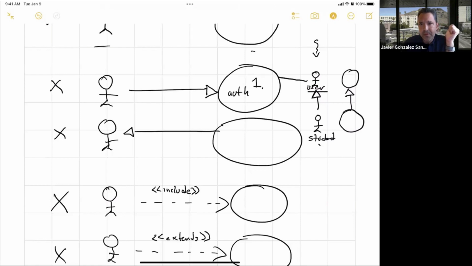If I give you the example, this user is able to be authenticated. What about the student? Student also is going to be able to be authenticated because it's going to inherit the capability of calling this requirement. And professor too. Did you notice the idea?